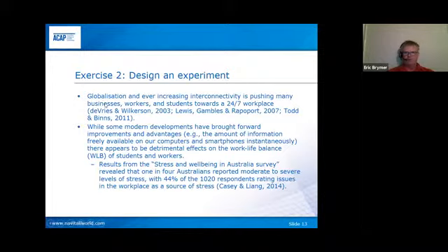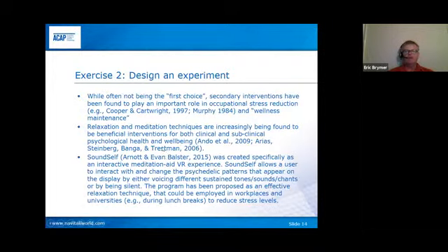The background of this issue is that stress is growing because of the interconnectivity of online computers, smartphones, etc. A stress and well-being survey in Australia recently found that 44% of the 1,020 respondents rated a workplace as a source of their stress and had high levels of stress. There are lots of interventions happening at the moment.